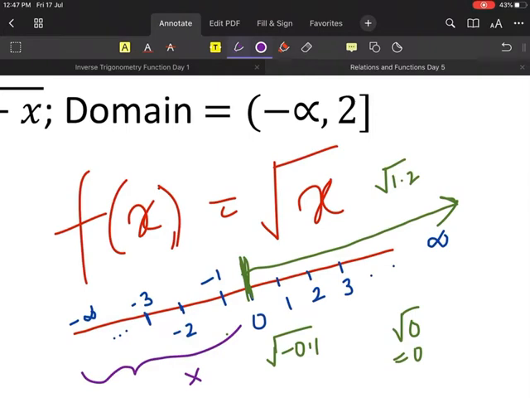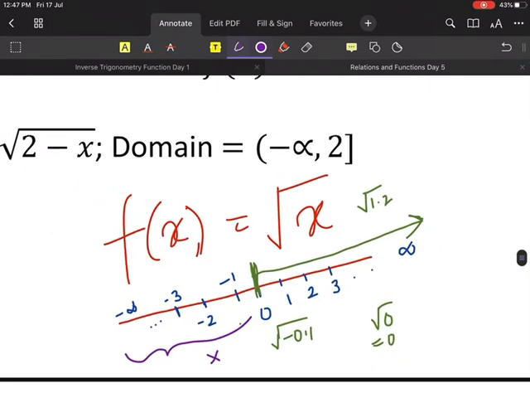Now, can you write these numbers as intervals, just like we did in the first chapters? I will include 0. I will write 0 comma infinity. Because 0 is included, there is a closed bracket at 0, right?